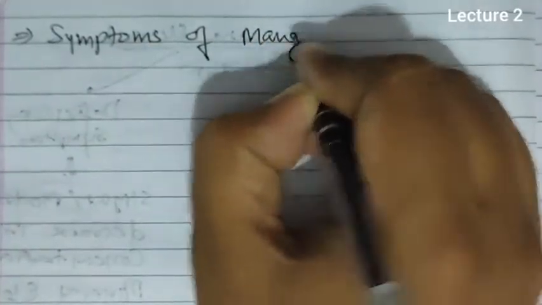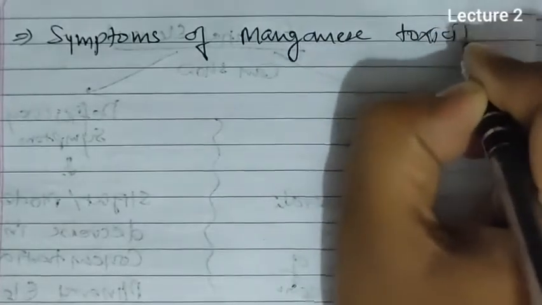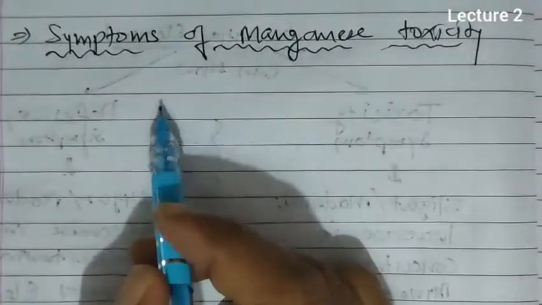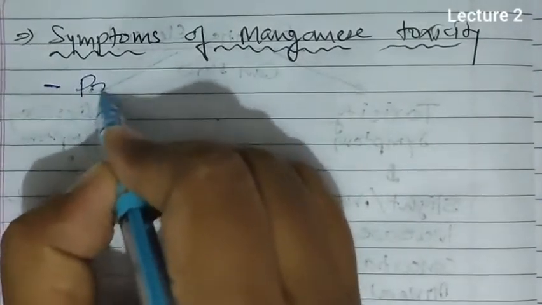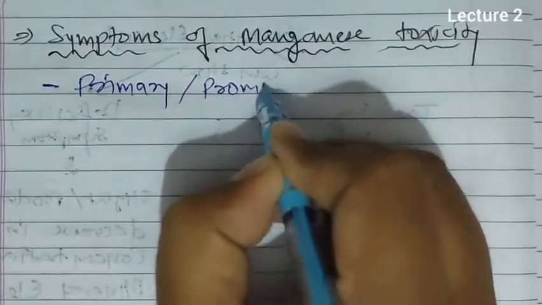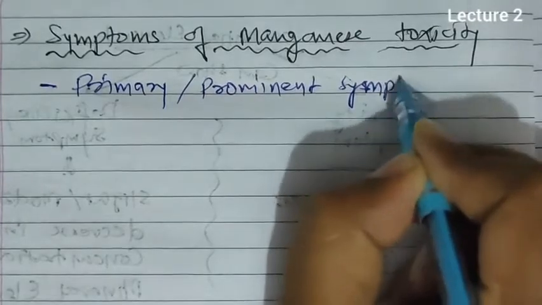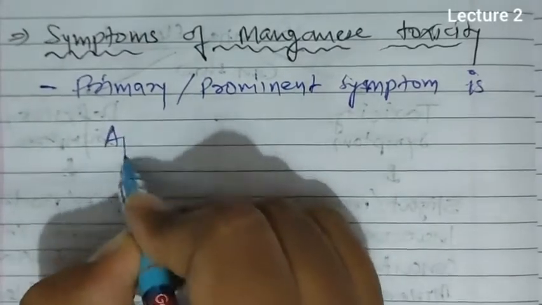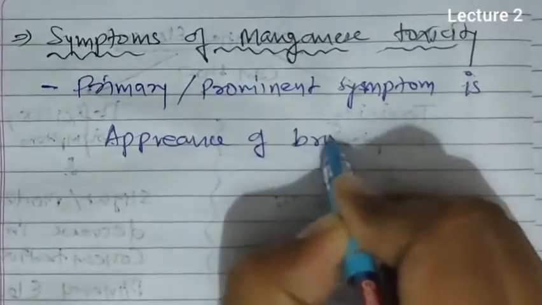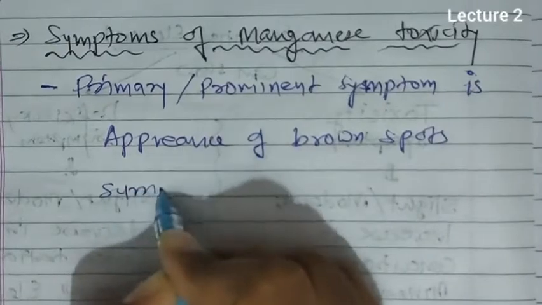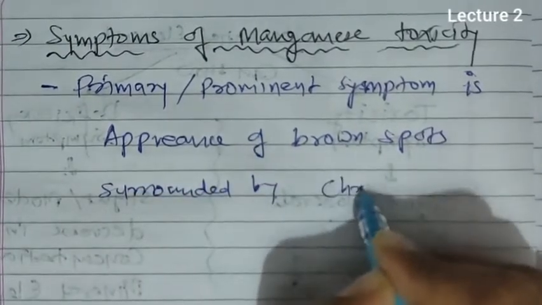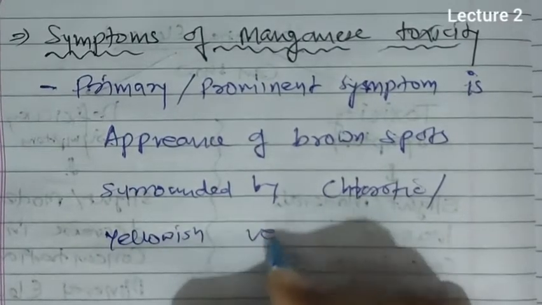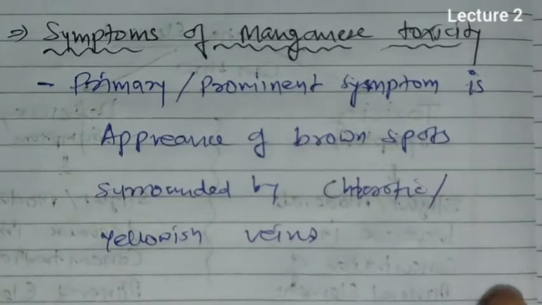The primary or prominent symptom is the appearance of brown spots surrounded by chlorotic or yellowish veins. That is the prominent symptom.